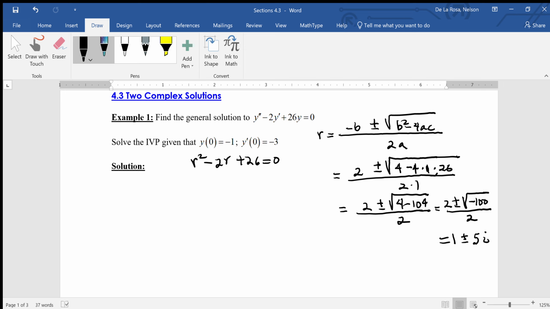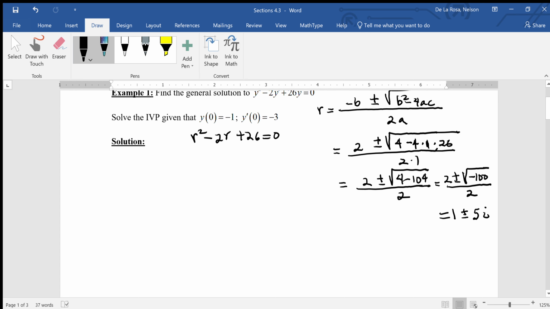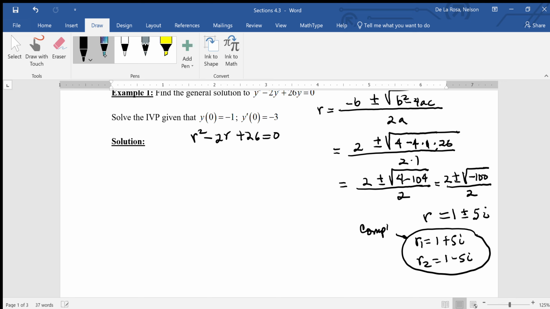Okay, so these are our solutions. We're going to have 2, by the way. R1 is 1 plus 5i. Our R2 is 1 minus 5i. So these two solutions are complex solutions, complex because they involve i.